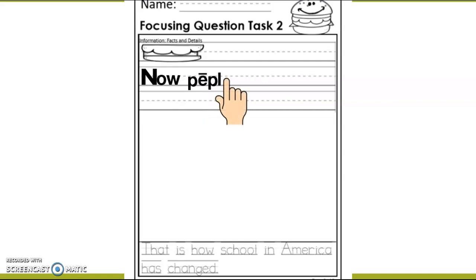Finger space, use. Next word, pencils. Pencils. And what are we forgetting at the end?